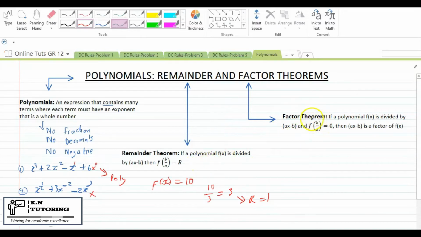But with the factor theorem, if you get the remainder as 0, then that number that you divided with is a factor. Okay, so let's look at this example. I'll only do one example.